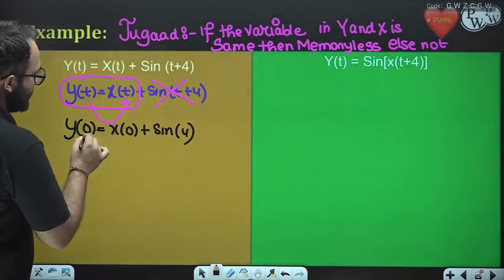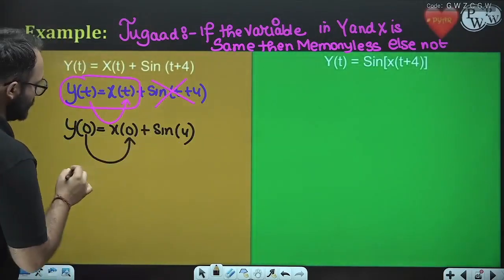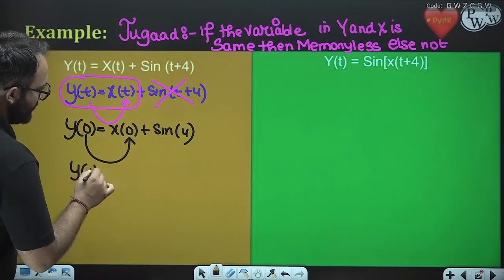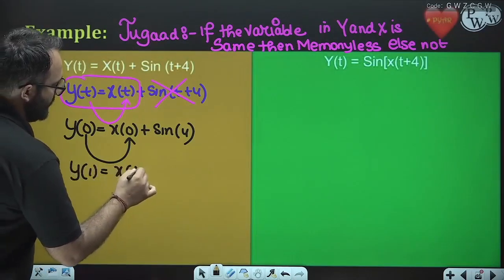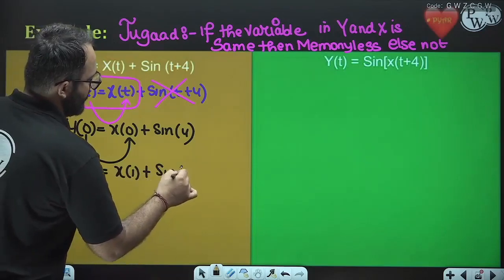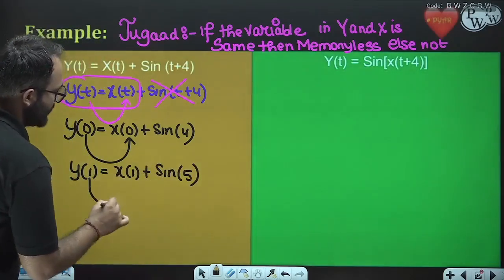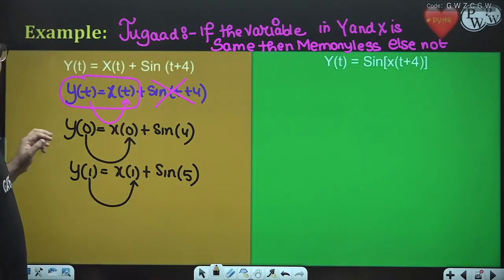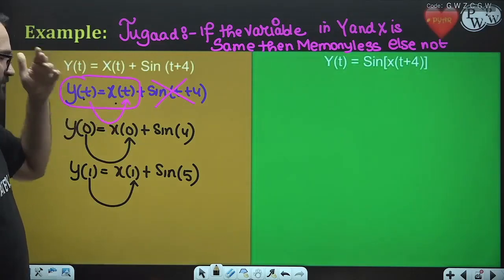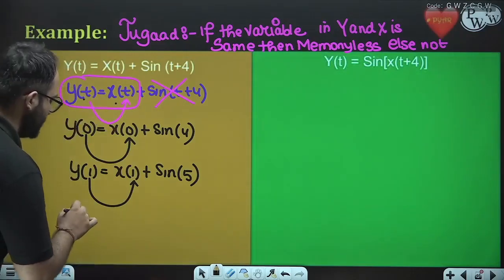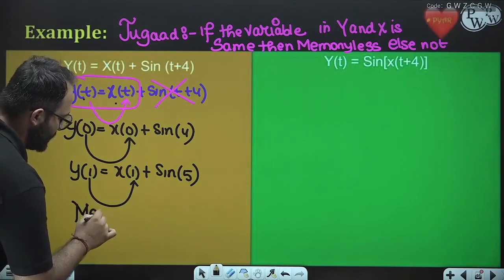So the present output is dependent on present input only. Same for y(1). So if the variables are the same, then it is a memoryless system.